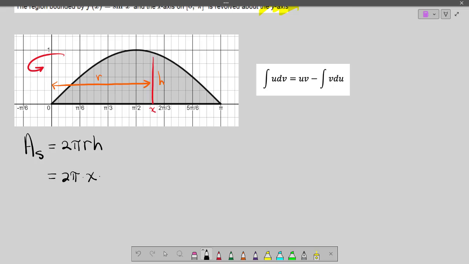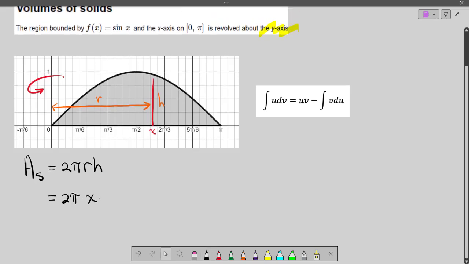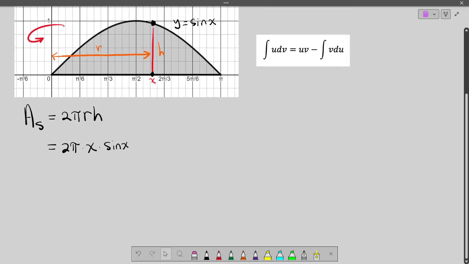The height is given by the function. The height right here between those two points is the function. That's what this function is measuring. It's measuring the distance from the x-axis, the height of the corresponding cylinder. So we're going to have a sine x right there.